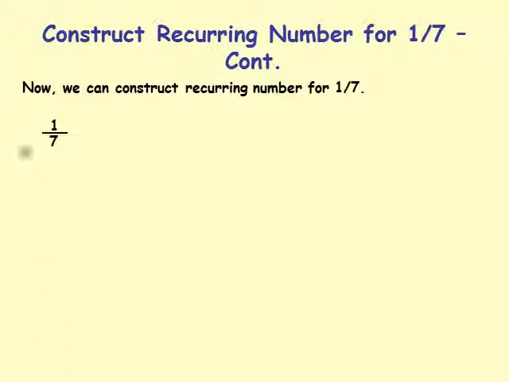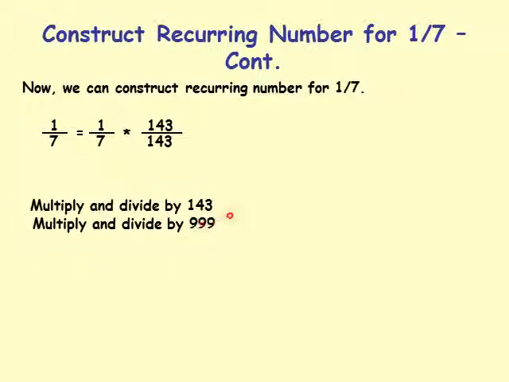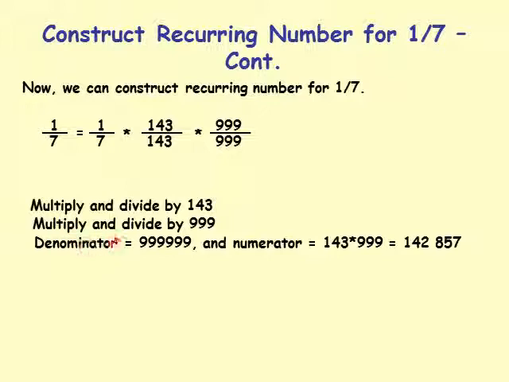We start with 1 over 7, which is exactly equal to 1 over 7. Straightforward. Then we multiply and divide by 143, our first multiplier. After that, we want all 9s in the denominator, so we multiply and divide by 999. Then the denominator is 7 times 143 times 999, which is 6 nines, 999,999, as we know from the workout in the previous slide.